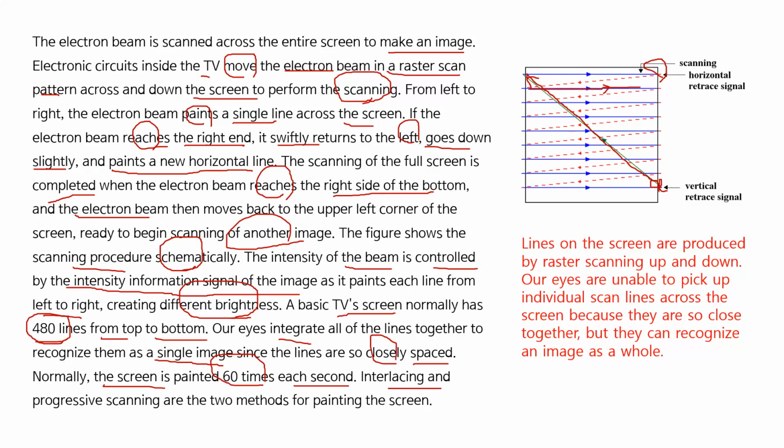Interlacing and progressive scanning are the two methods for painting the screen. The lines on the screen are produced by raster scanning up and down. Our eyes are unable to pick up individual scan lines across the screen because they are so close together, but they can recognize an image as a whole.